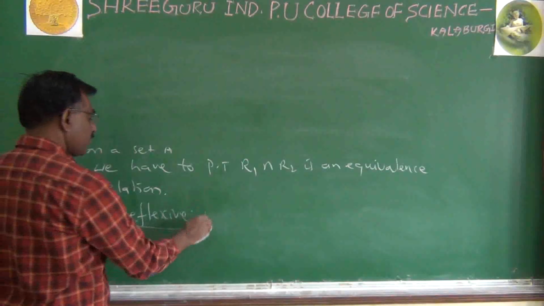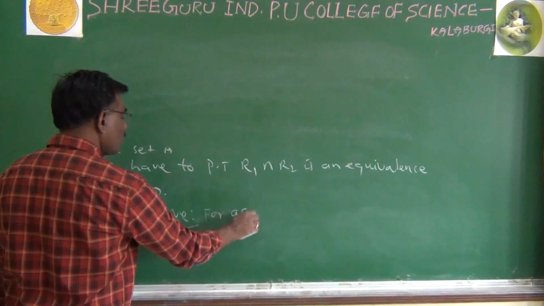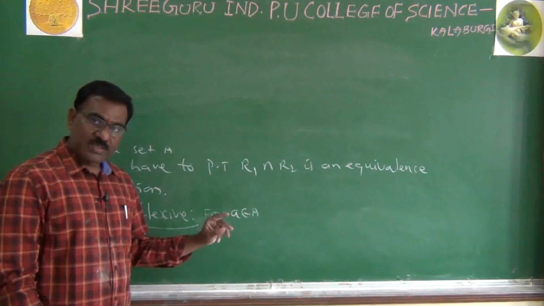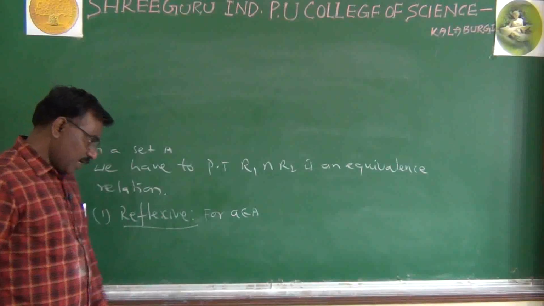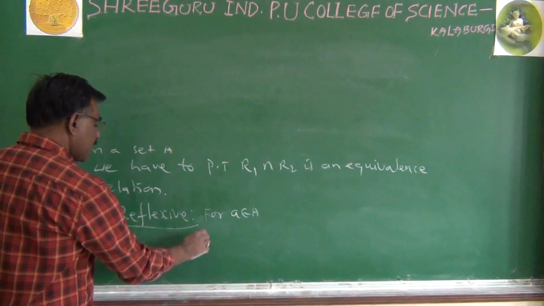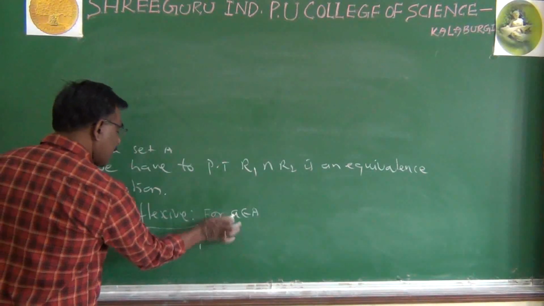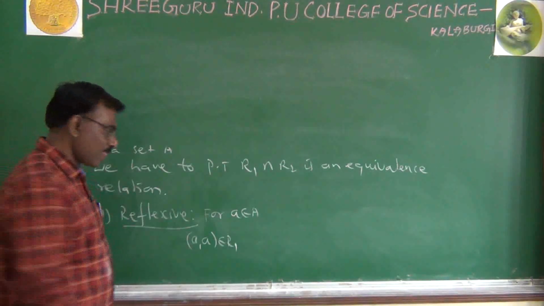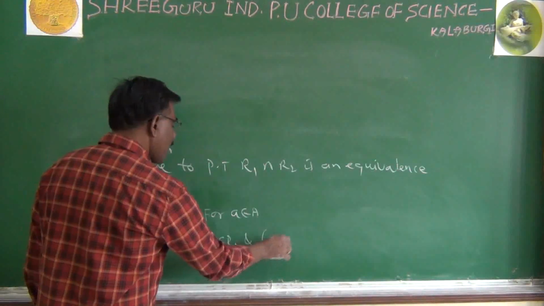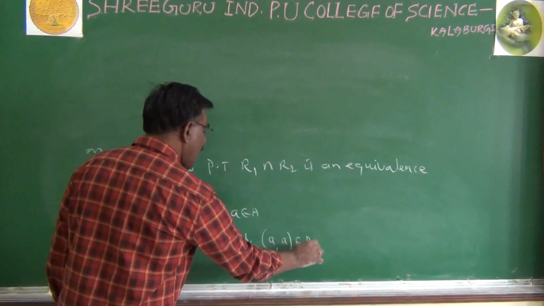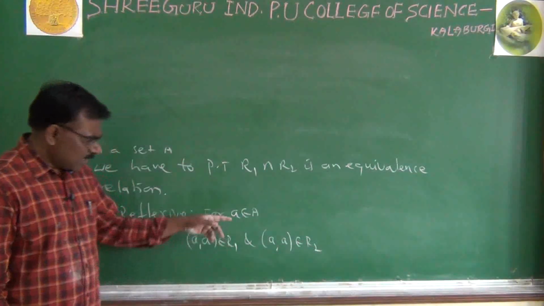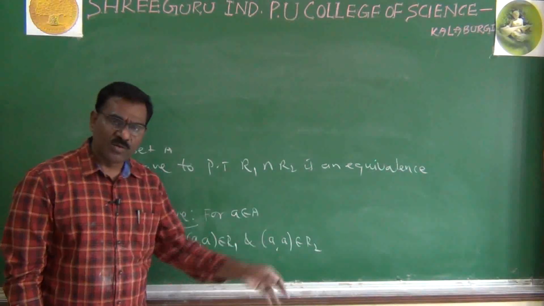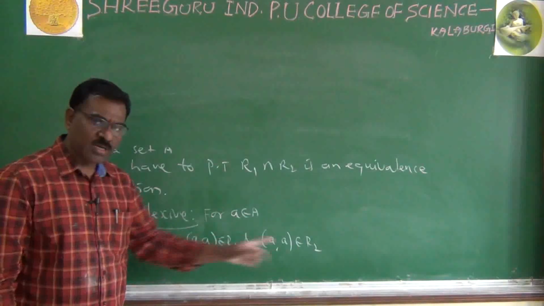Reflexive means I take one element a in the set A. This element a belongs to A, so (a, a) belongs to R1 and (a, a) belongs to R2. Why are we taking (a, a) belongs to R1 and R2?